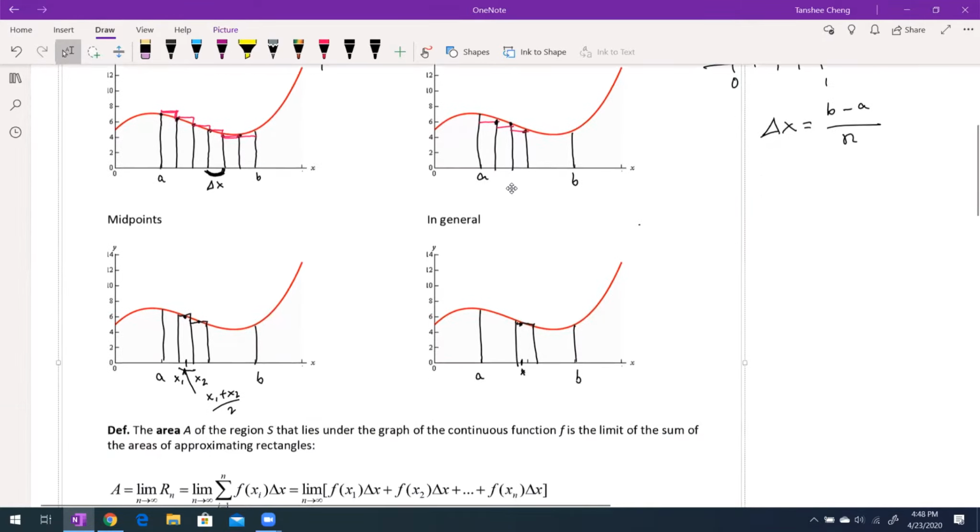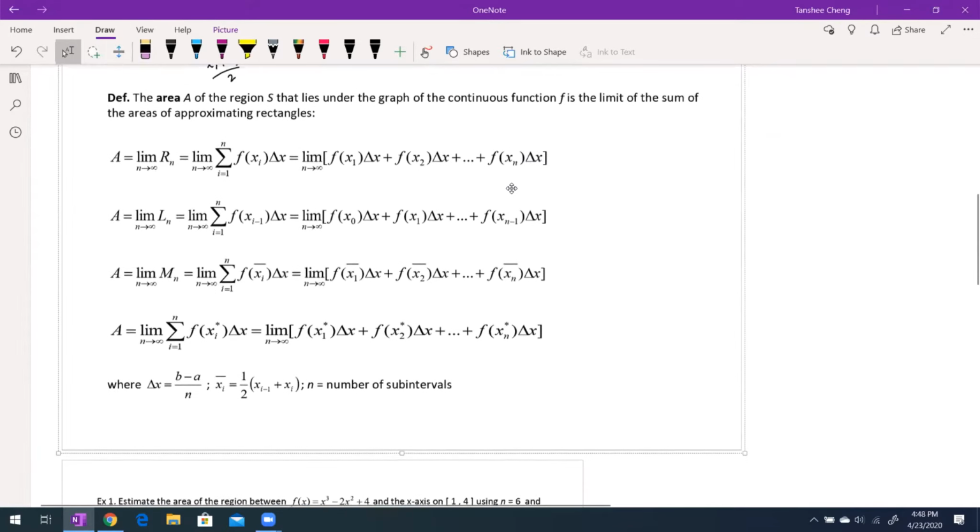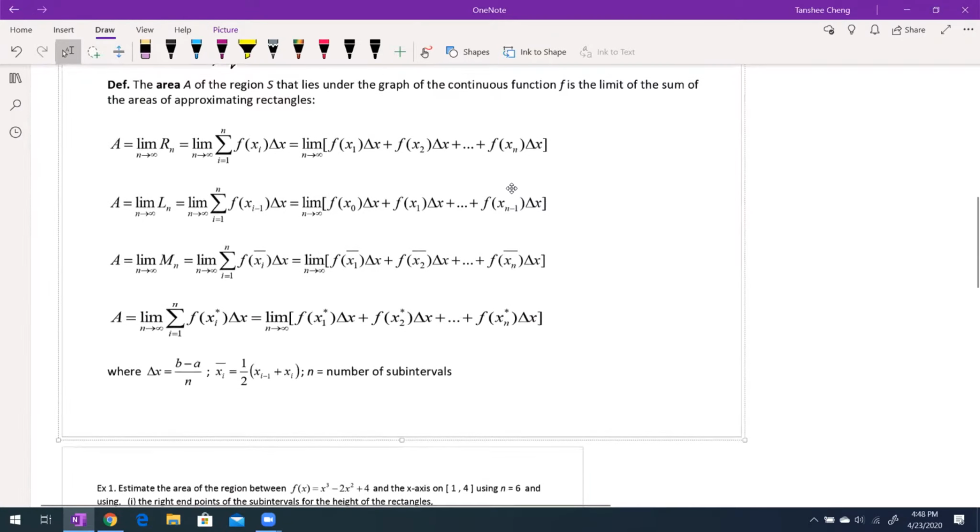Okay. So let's take a look at the right endpoint and left endpoint formulas. The definition says that the area A of the region S that lies under the graph of the continuous function f is the limit of the sum of the areas of the approximating rectangles.